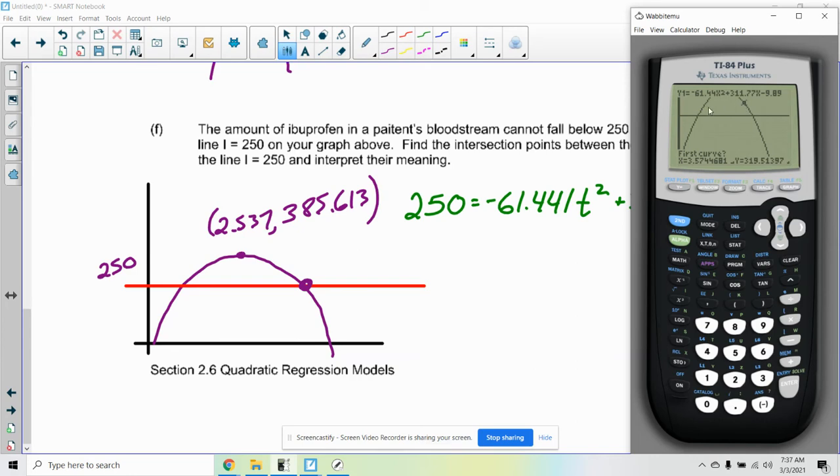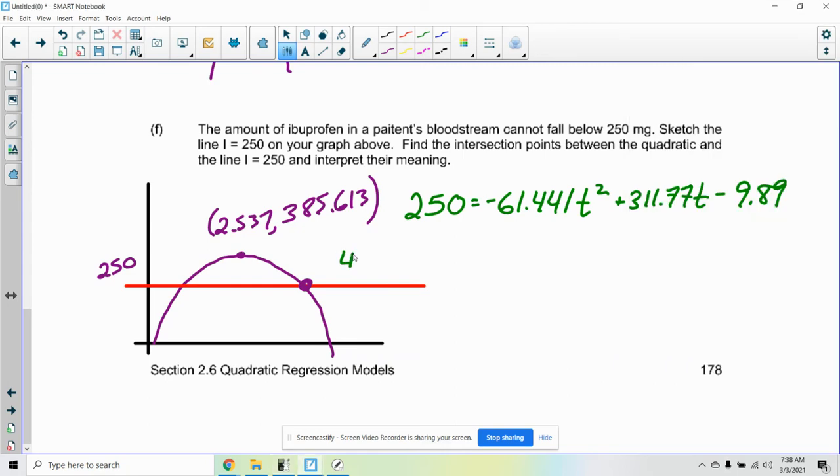Just make sure one of them is highlighted, and then make sure the other one's highlighted when it says second curve. Then it asks you to guess. I don't know why it does that. You don't have to guess. Just make sure the cursor's closer to the second intersection. So our intersection is going to be when t is 4.023, and the y value here is 250.